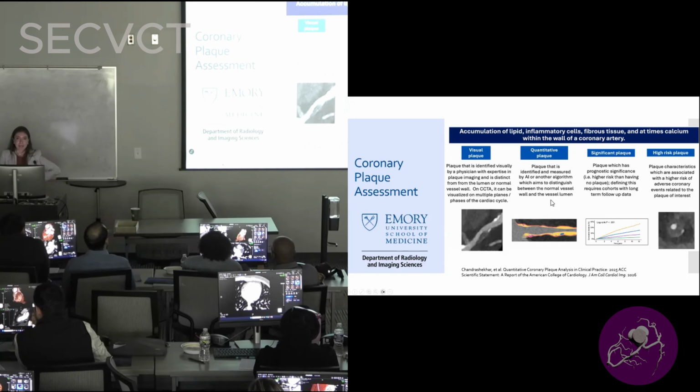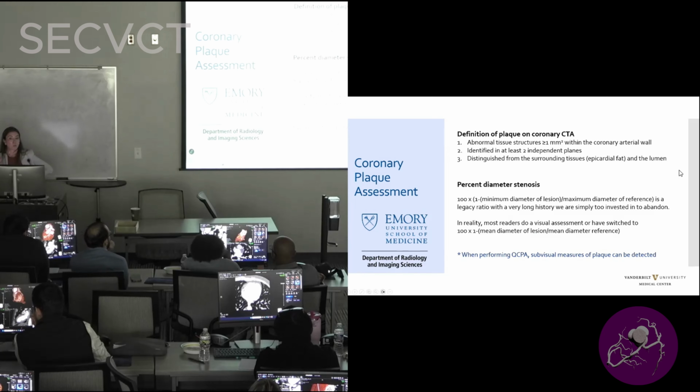Quantitative plaque analysis, now with software algorithms and AI, will help us distinguish minimal plaque and also plaque composition. And again, we're reporting that because we know from large cohorts followed for years that plaque burden is significant when we talk about events. And then again, I talked about why it's important to identify high-risk plaque.